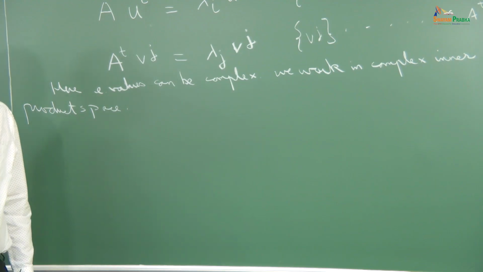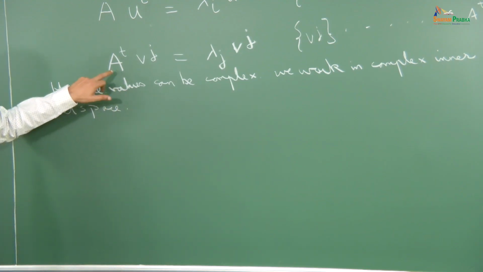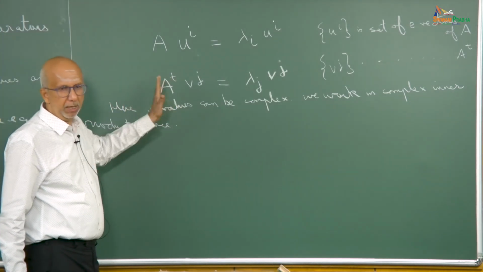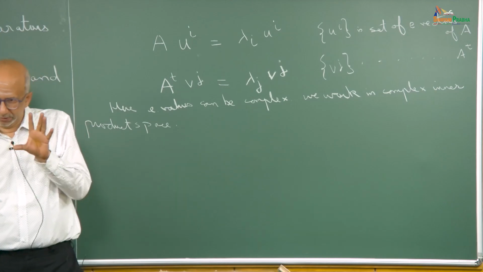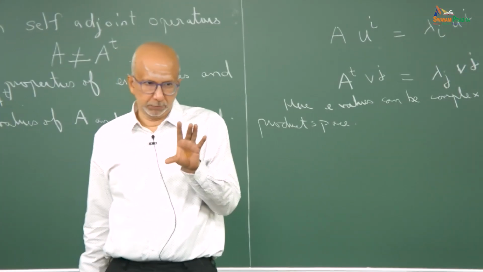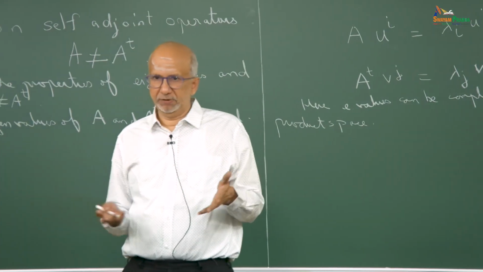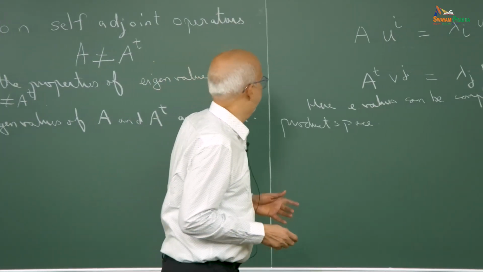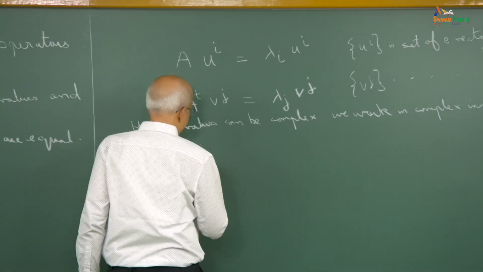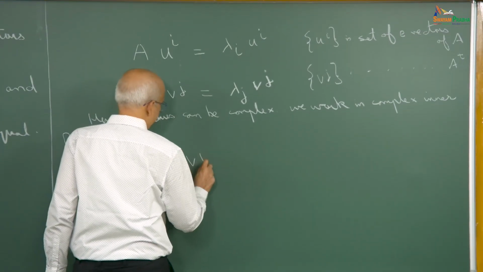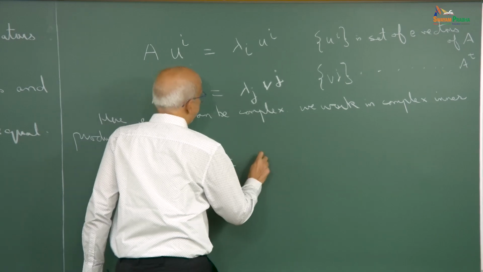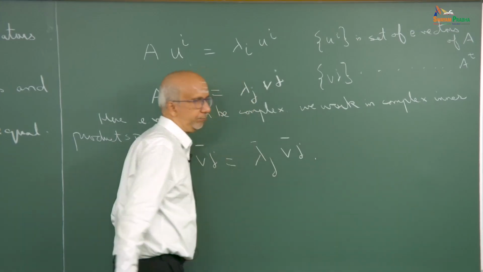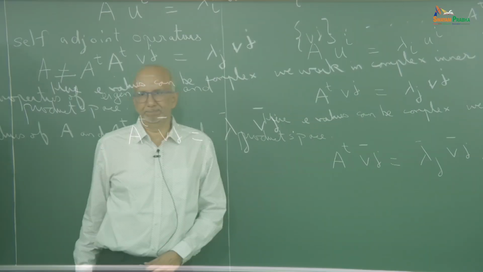So what I am going to do is, I am going to take the complex conjugate of the second equation here. So remember A is real, the elements of A are real, okay, because this is coming from modeling a physical system. So elements of A are real, and when I take the complex conjugate of this, what I will get is A transpose Vj bar equals lambda j bar Vj bar, okay.